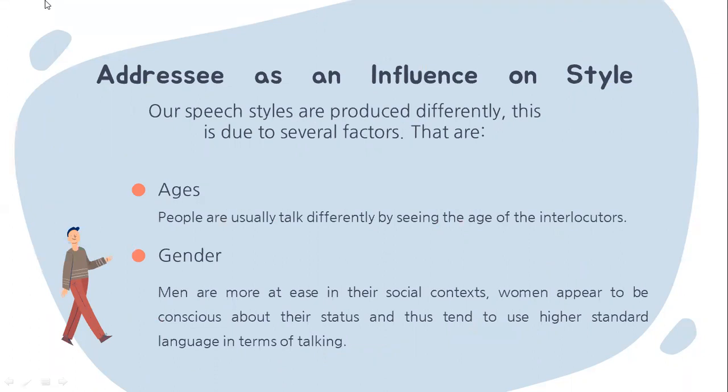People usually talk differently depending on the age of the interlocutors. Second one is gender. Men are more at ease in their social context. Women appear to be conscious about their status and thus tend to use higher standard language in terms of talking.